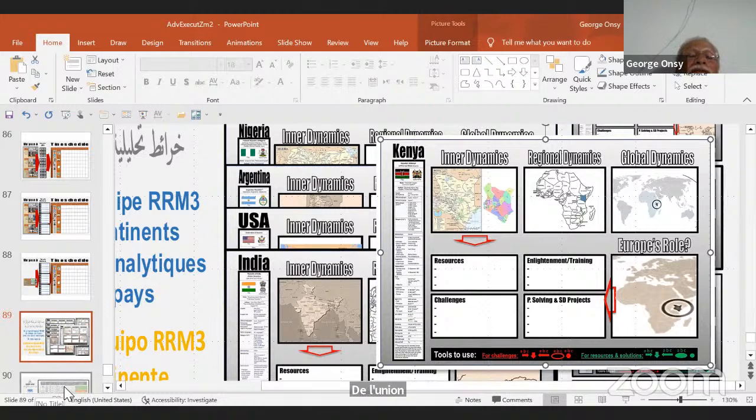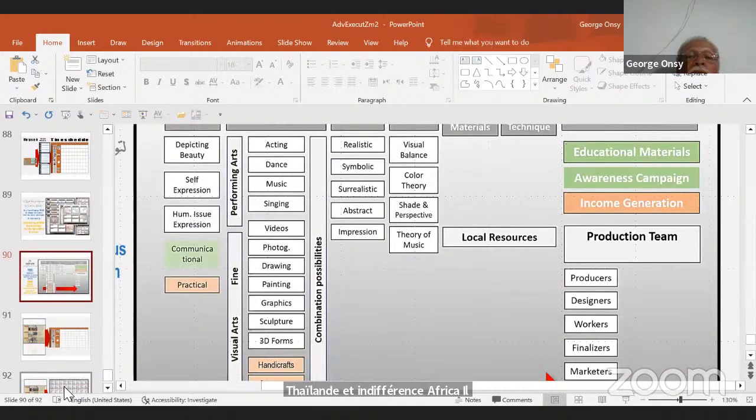I designed this for at least 10 countries, as you see: Nigeria, Argentina, Kenya, South Sudan, India, South Africa, and so on. Also USA and Canada.